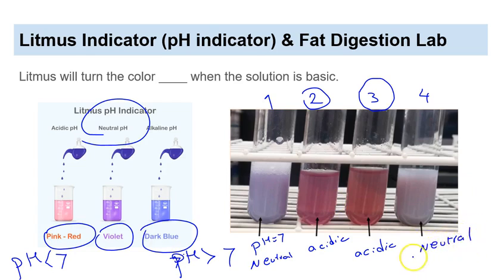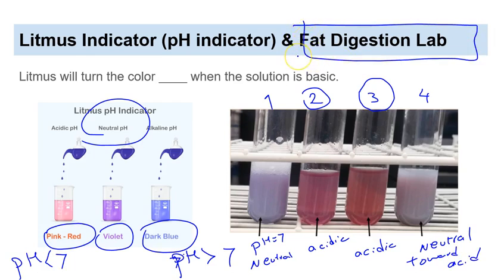Okay, so when we used the pH indicator during our fat digestion lab, as you remember, after digestion, or breaking down the triglyceride, we got the fatty acids, and that was the reason our digested fat solution was getting more acidic.